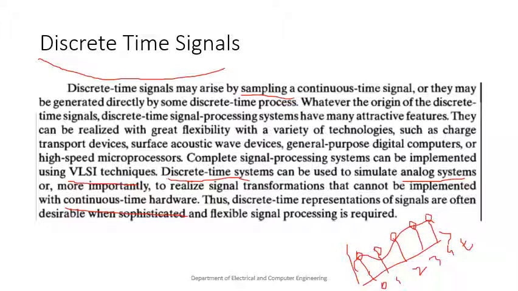Thus, discrete time representation of signals is often desirable when sophisticated and flexible signal processing is required. We prefer discrete time systems over analog systems because building continuous time hardware is difficult. Moreover, the space required by a continuous time signal is relatively high compared to discrete time.